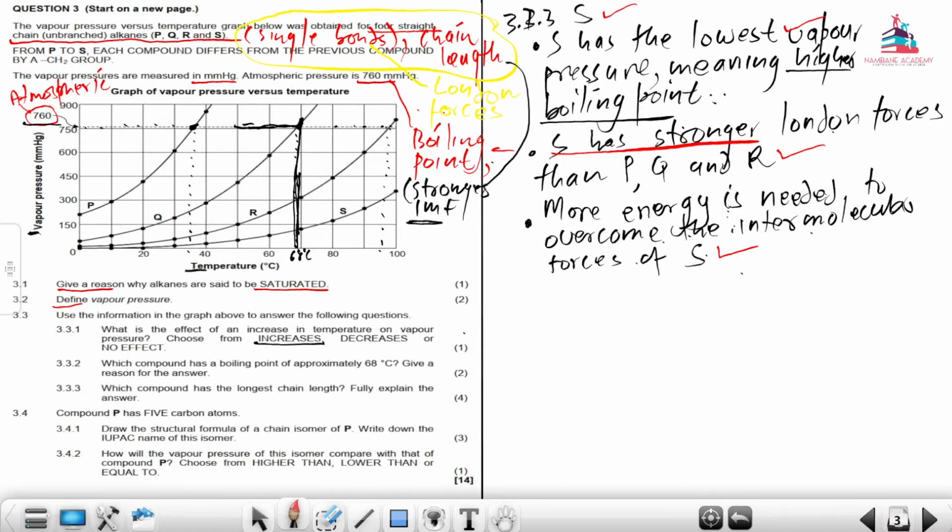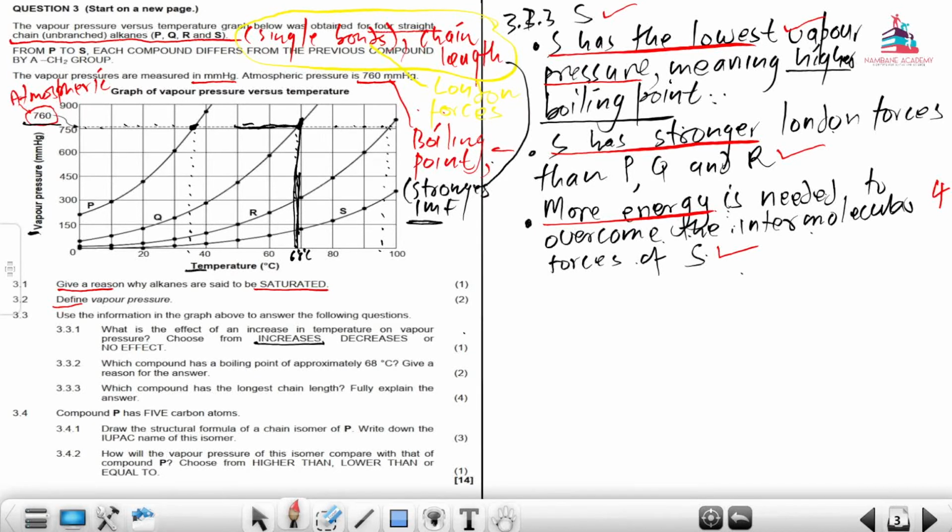We could compare the strength in terms of the structure as well, but because we're given a graph, we can easily relate that to the vapor pressure. Then the energy, so we'll get our maximum of 4 marks. This is a nice way of understanding the graph. We are moving from what we are confident with, because the majority of us are confident explaining in terms of boiling point.